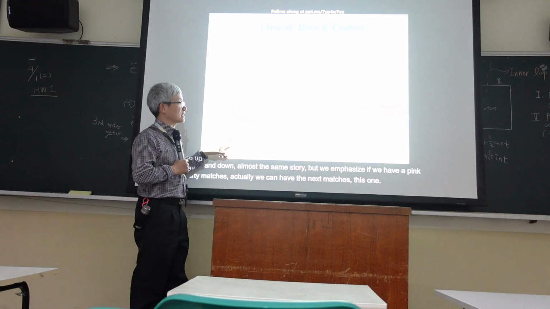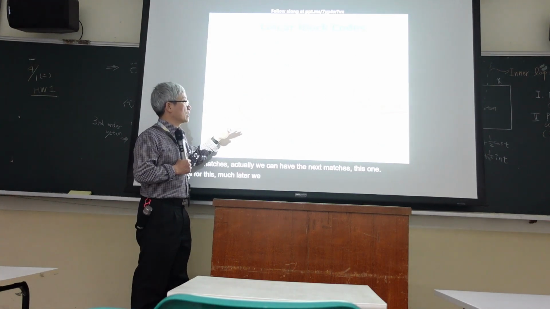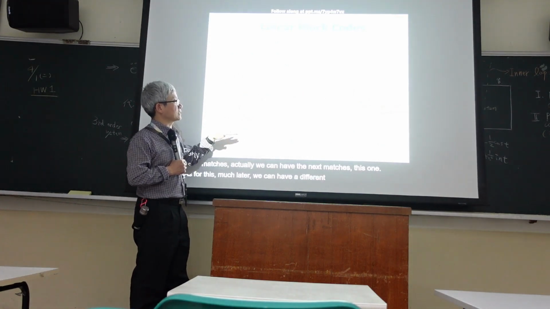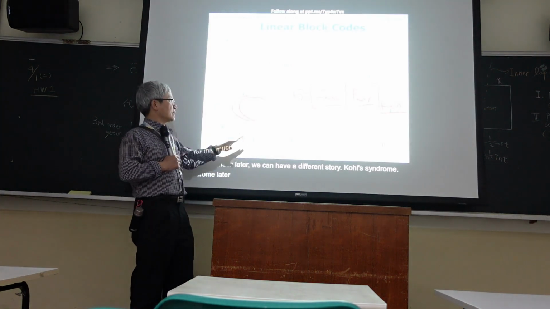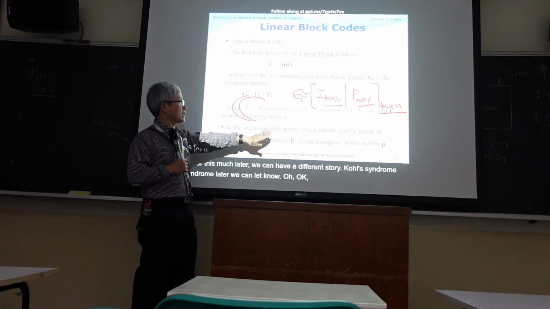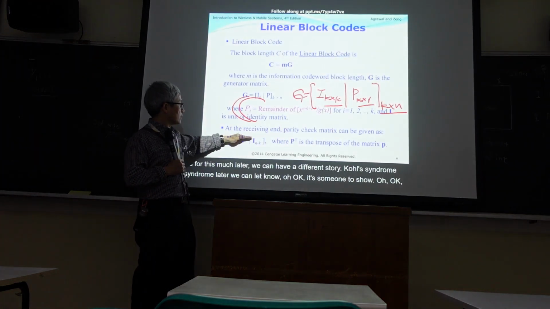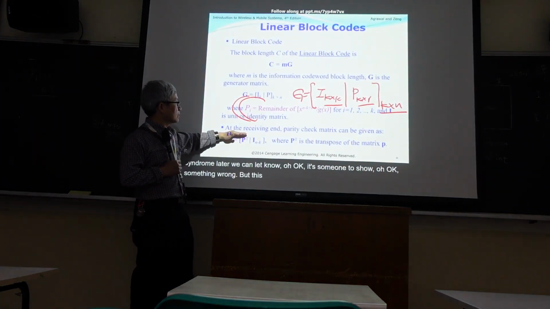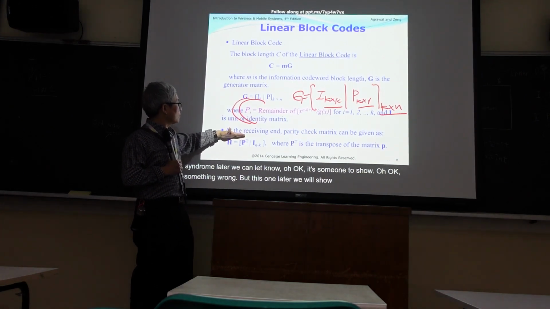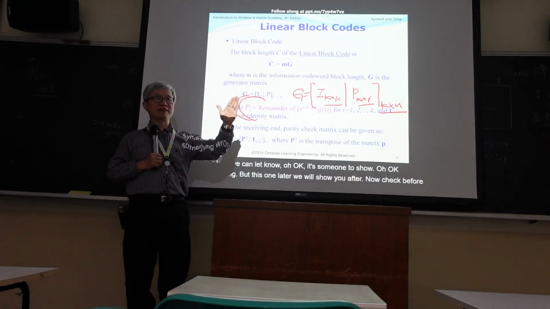This matrix later we can use for a different story called syndrome. Syndrome later lets us know that something is wrong, but this one we will show later. Up to now, check matrix H. Up to now, everything's okay.